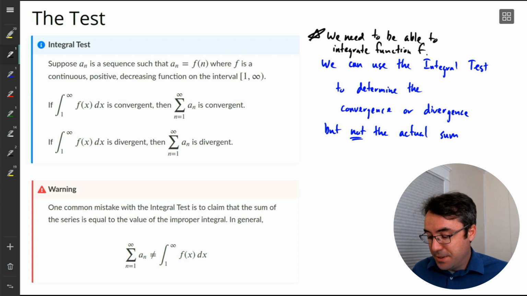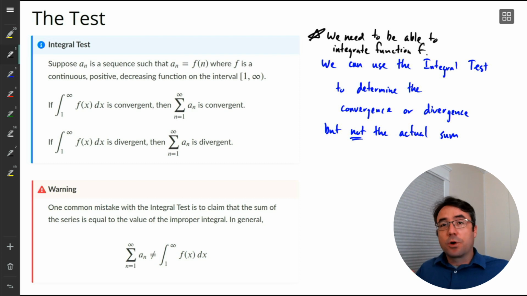All right. So this is a good place to leave off. The integral test is nice because we're using the improper integral to show that if it is convergent, then our series is convergent. If our improper integral is divergent, then our series is divergent, as long as all of these other conditions are satisfied. All right, so we're going to keep on.